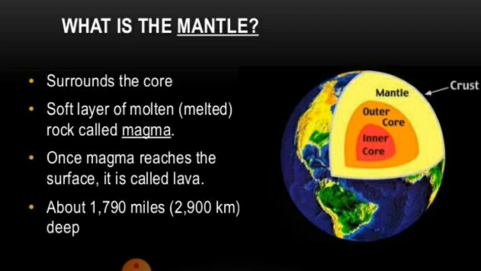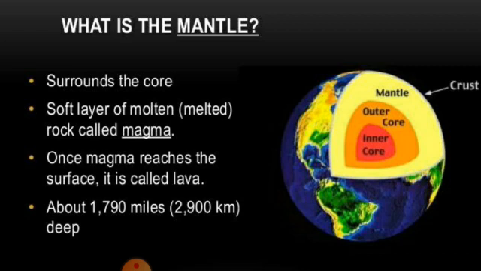Now we can see the second layer of our earth, that is the mantle. What is the mantle? The mantle surrounds the core. It is a soft layer of molten rock called magma.